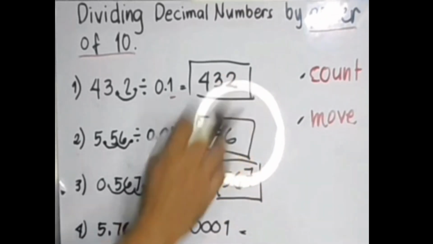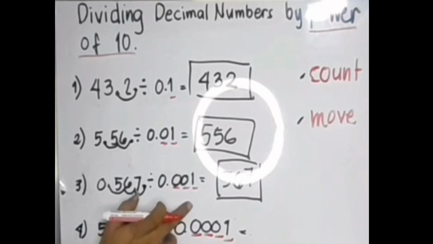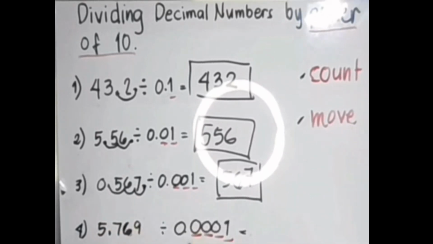Una, count, bilangin ang decimal places or decimal place sa ating divisor. We have 1, 2, 3, 4. We have tens, 100, 1,000, and 10,000. So, 4 ang ating decimal places. So, the next step is, i-move natin ang ating decimal point sa ating dividend ng ilang beses? 4 na beses.